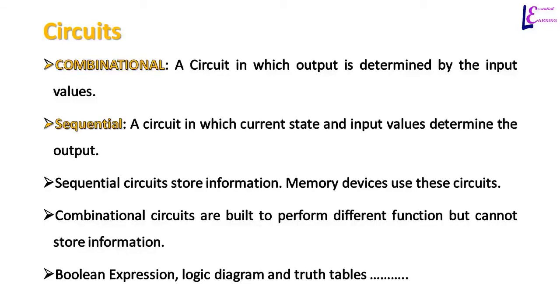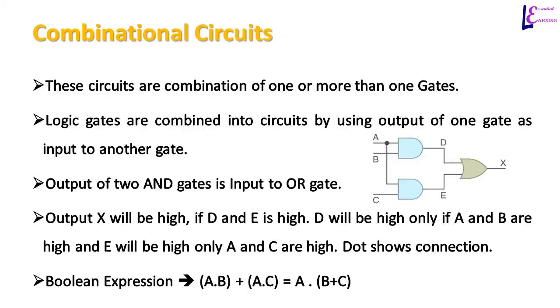Combinational circuits are created from various gates, and Boolean expression, logic diagram, and truth table also work for combinational circuits even if they are very complex. To create combinational circuits, logic gates are combined into circuits by using output of one gate as input to another gate.